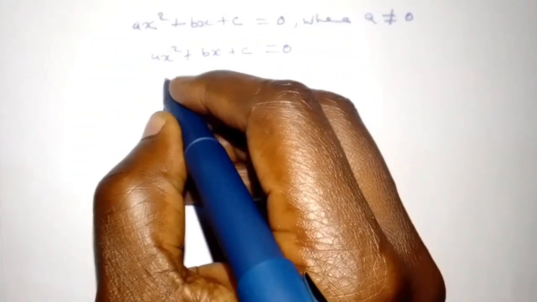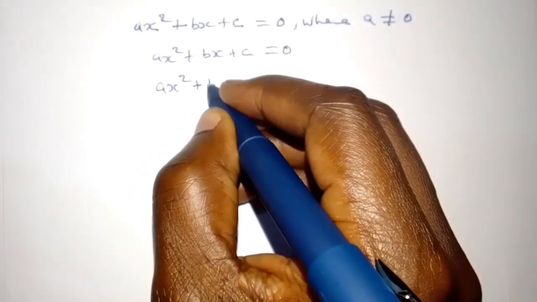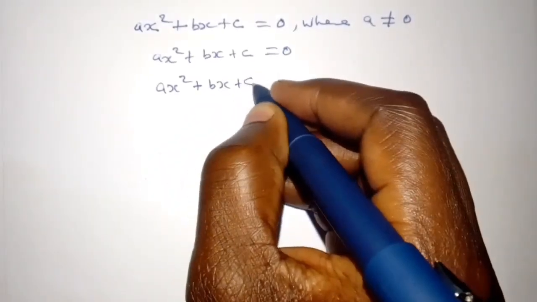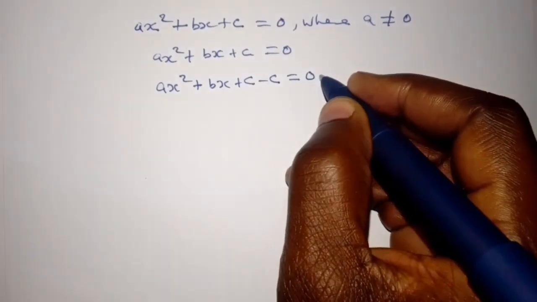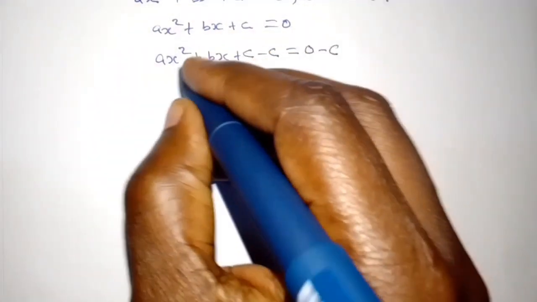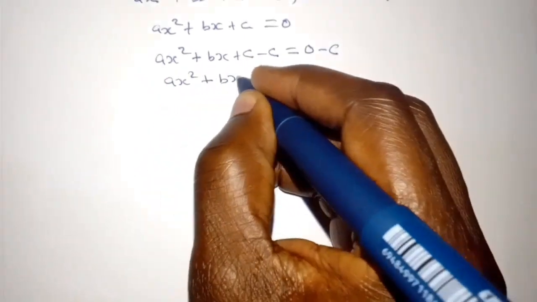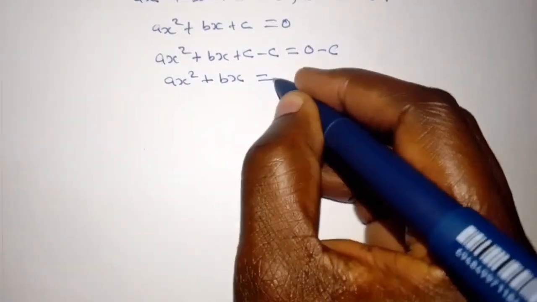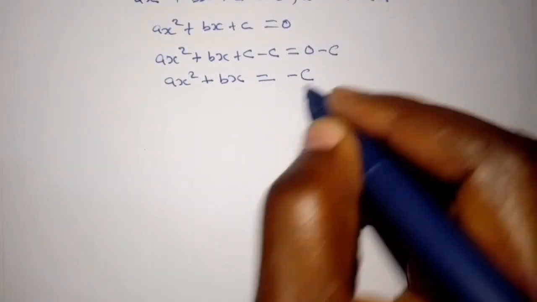So we can say that ax squared plus bx plus c minus c is equal to 0 minus c. Ax squared plus bx is equal to minus c.